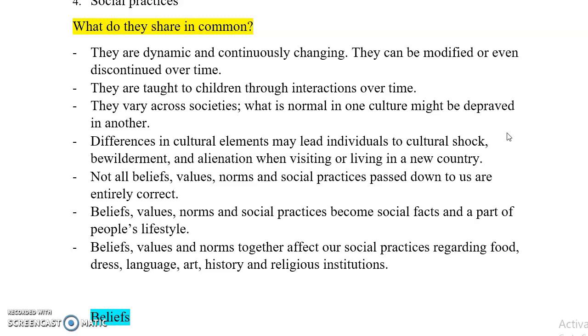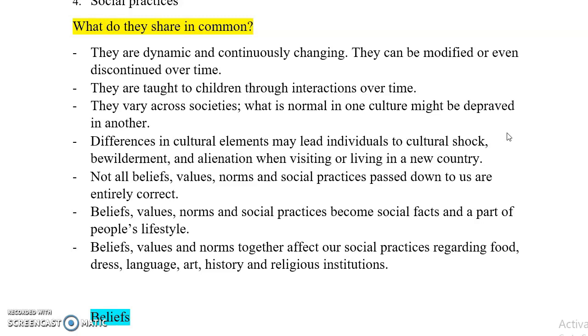For instance, here in Jordan, if you have a guest who visits you for the first time and this guest is unknown to you, you don't know him, but he comes to your house, it is shameful to ask him about the reason why he comes to your home, but after three days, after the third day, you can ask him about the reason why he came.